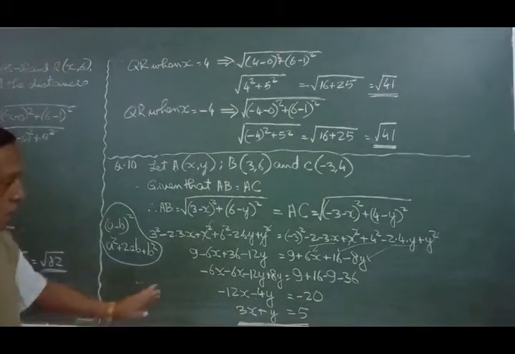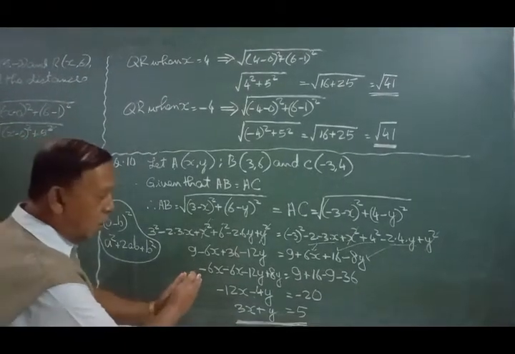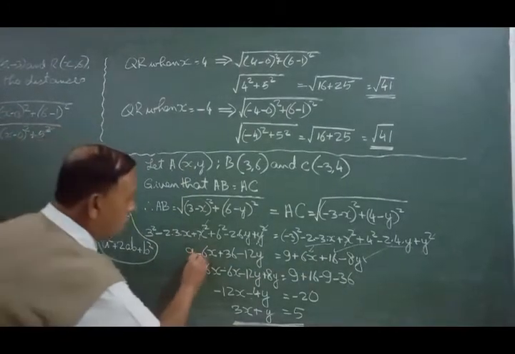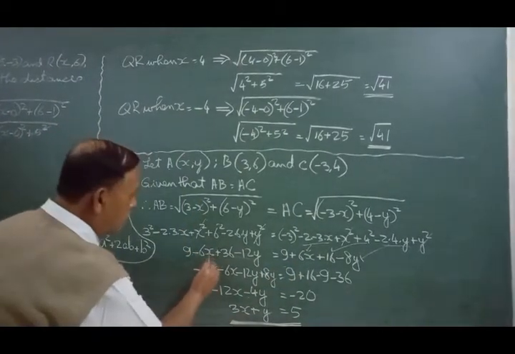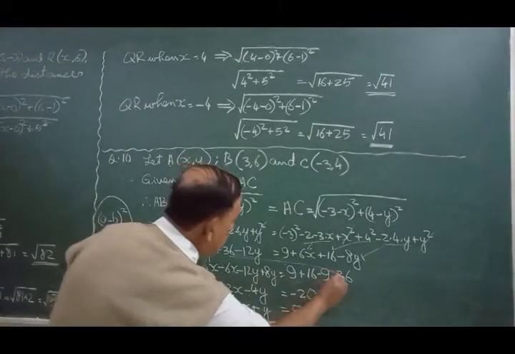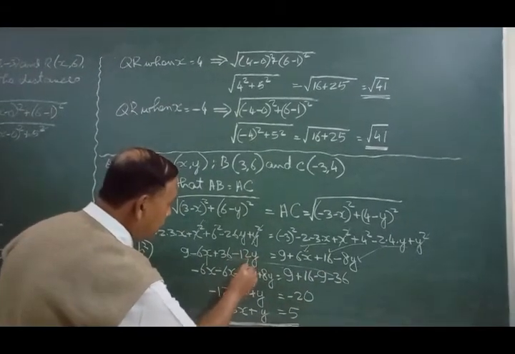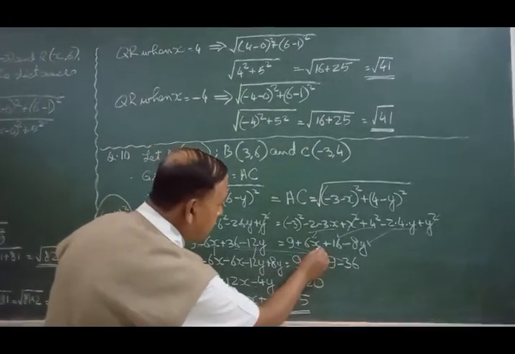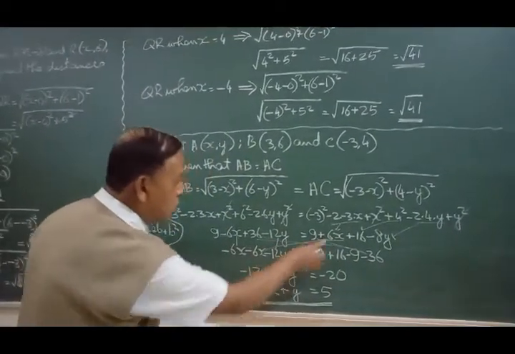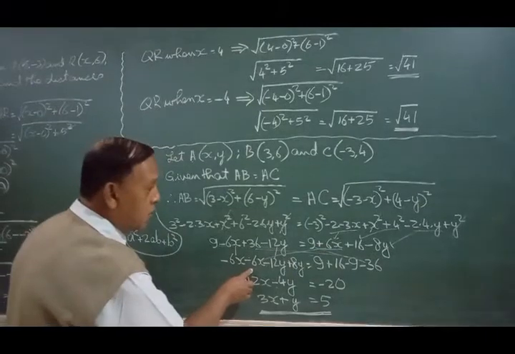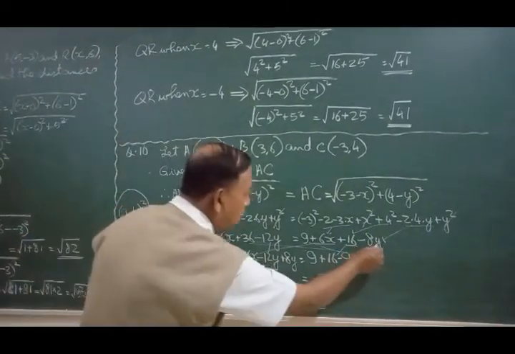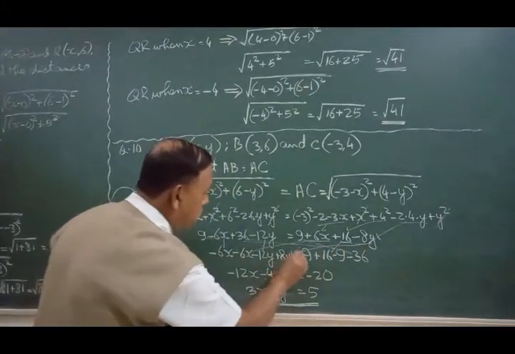Now we simplify. The unknown numbers here and the unknown numbers there, they are the same. So 9 goes here, this one comes here, 36 goes here, this one comes here, 9 goes here, this 6x comes here, minus, plus 6x because minus 6x, 16 remains here, and then minus 8y because plus 8y.